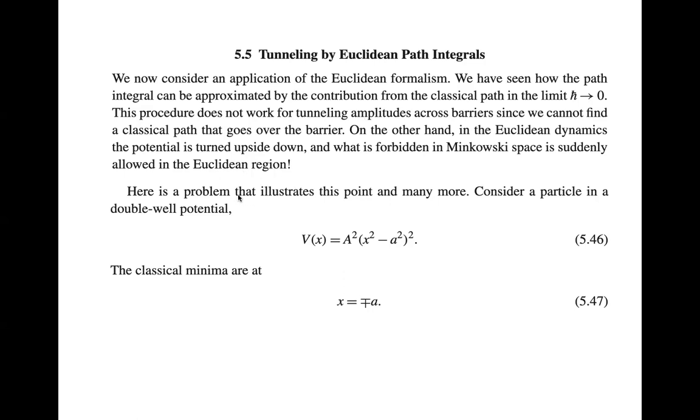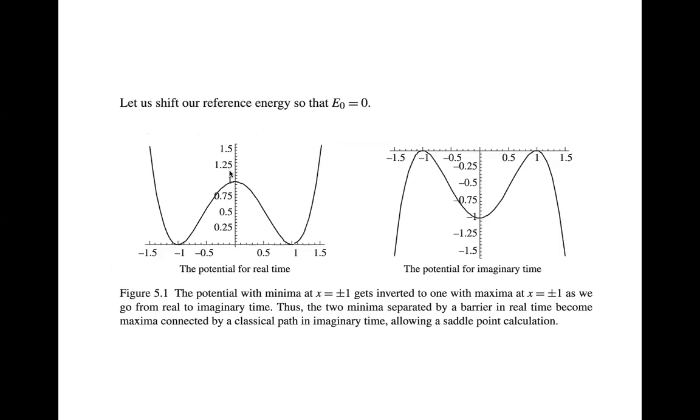Let's consider a double well potential. What does double well mean? This is the position, this is the potential, and this has two minima. In classical physics, the particle is either sitting here or sitting here.